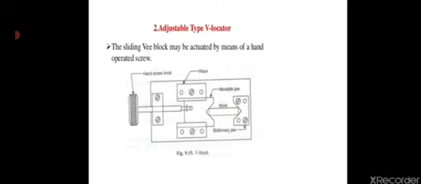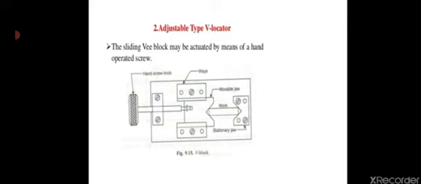Next type of V-locator is the adjustable type V-locator. In this type, it is operated by a hand nut, and the hand nut is mounted on the screw and provided with a collar. A hand nut extends into a slot which is made in the sliding V body. When the hand nut is rotated, the sliding V moves horizontally with the screw.